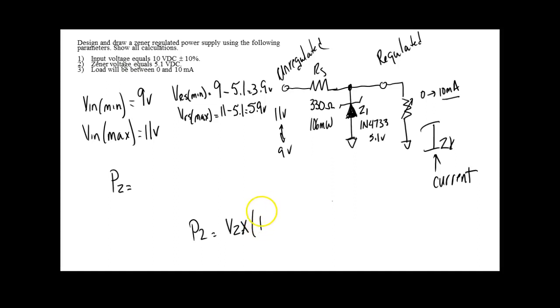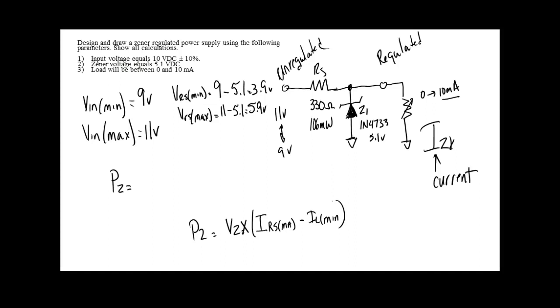Could be IZ max. Yeah, IRS max minus IL minimum. Okay. So what's going to be the maximum current through my resistor up there? What's the maximum voltage it's going to drop?